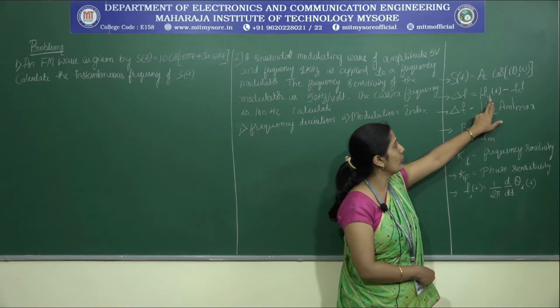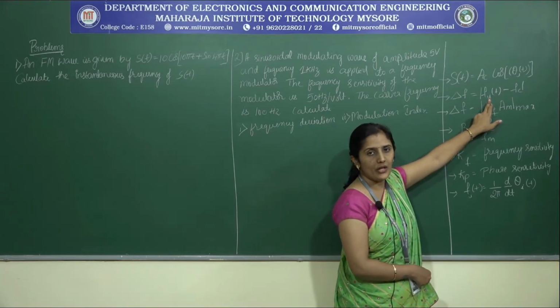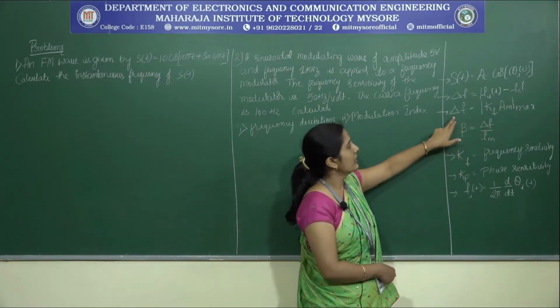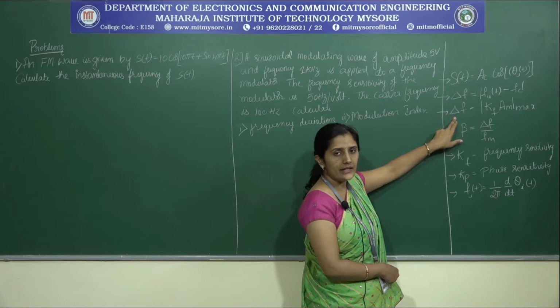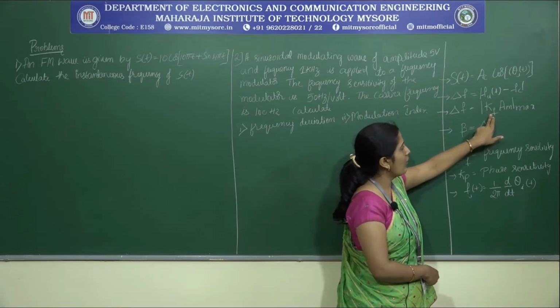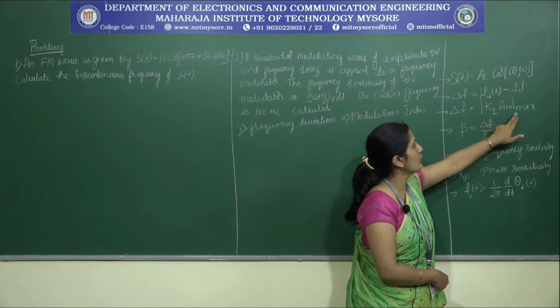We have the formula here, f i of t minus the carrier frequency, and altogether we can write delta f as k f into Am max.